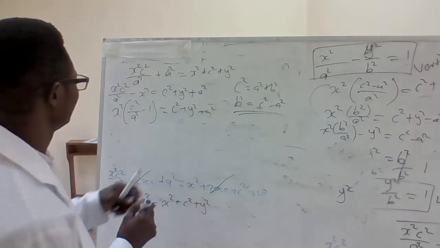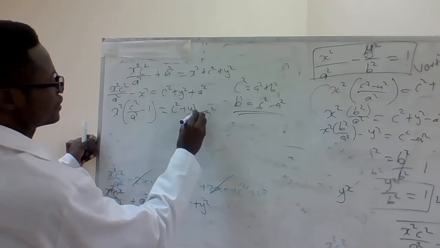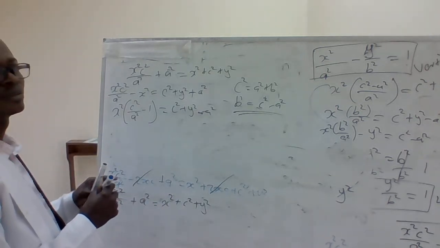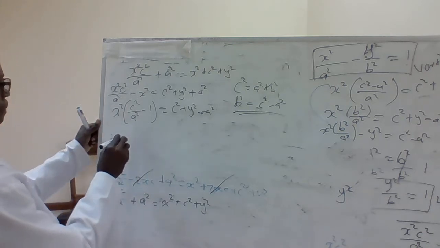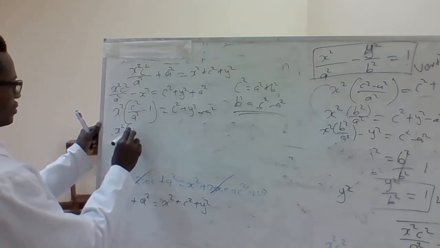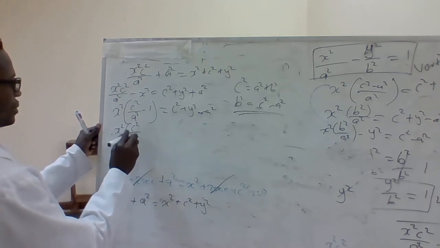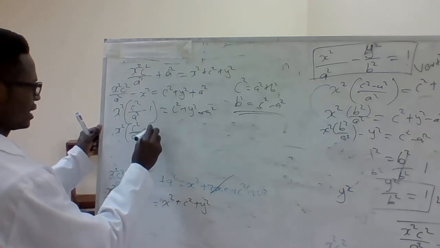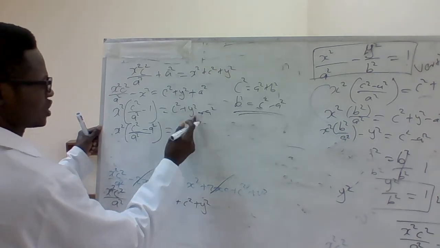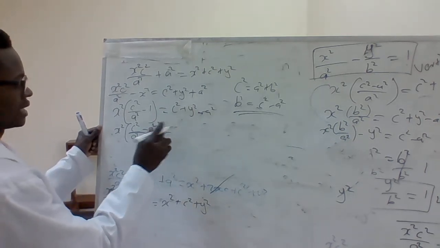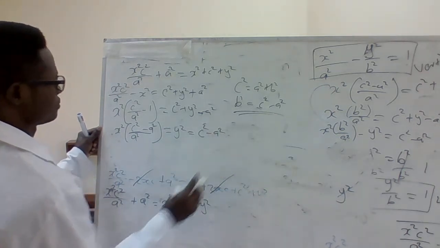So now that we have this, it means that this is negative a, and you will be left with x squared times c squared over a squared minus 1. This can be written as c squared minus a squared over a squared. And this is equals to, we can bring this to this side, negative y squared, so that we have c squared minus a squared.